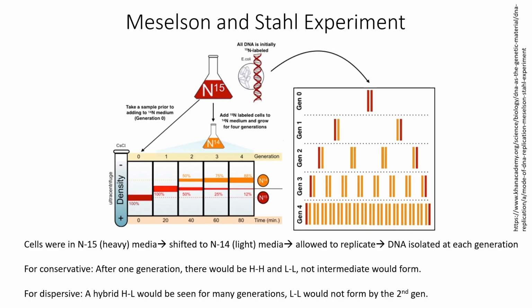Okay, so now we're coming to this famous Meselson and Stahl experiment. This was explained in great detail in your coursework as well, but it's so important that I thought I'd go over it again to remind you so that we can nicely tackle the questions after this.